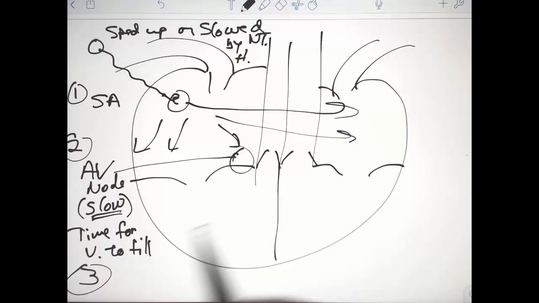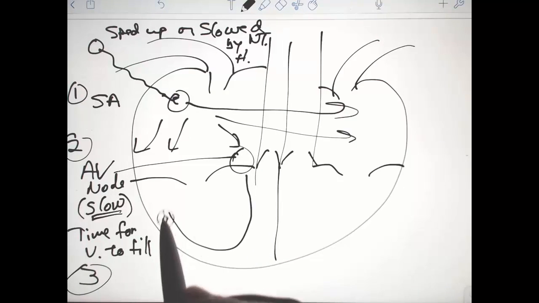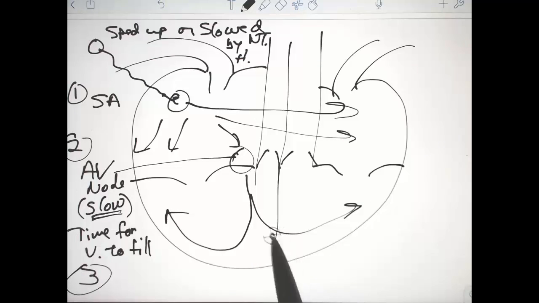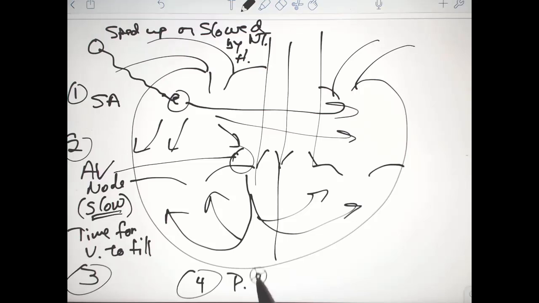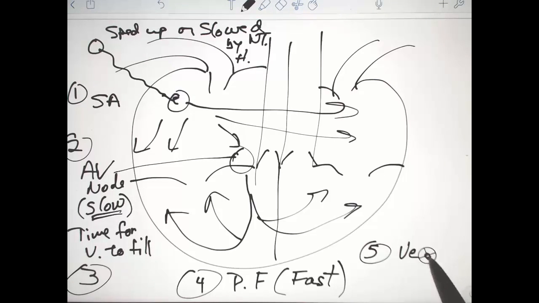Then 3, rapid conduction through the ventricles, starting at the tip from the Purkinje fibers, and 5, ventricular contractions.